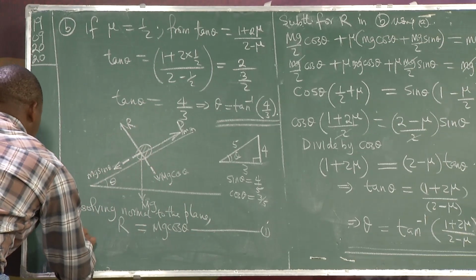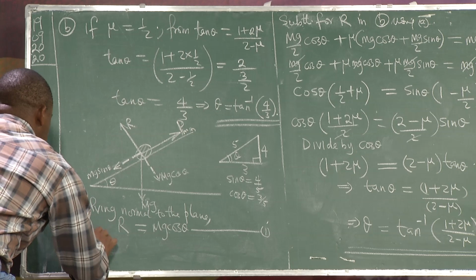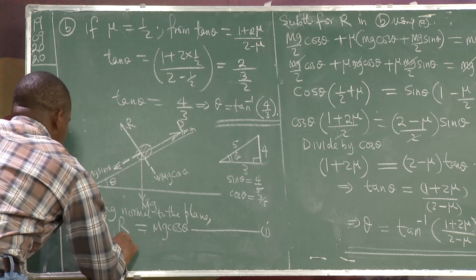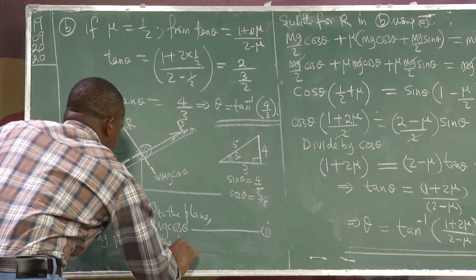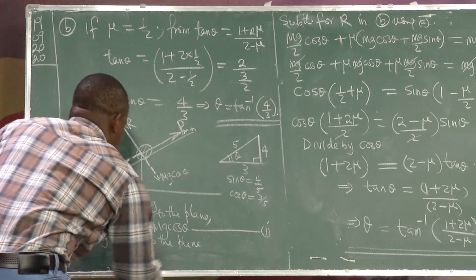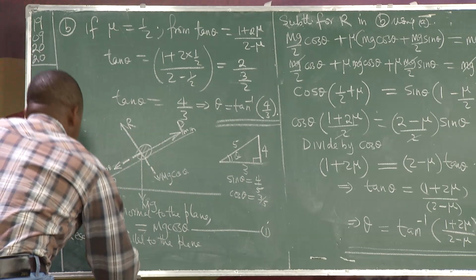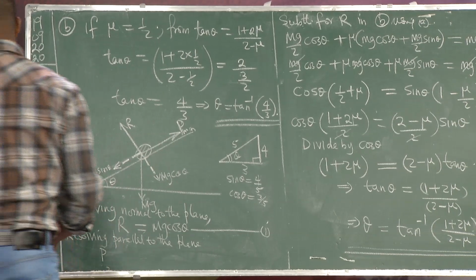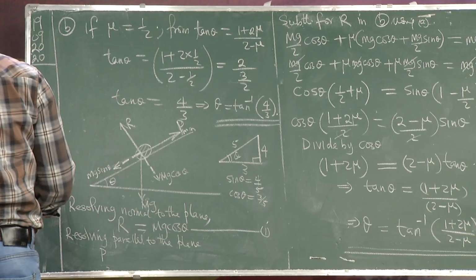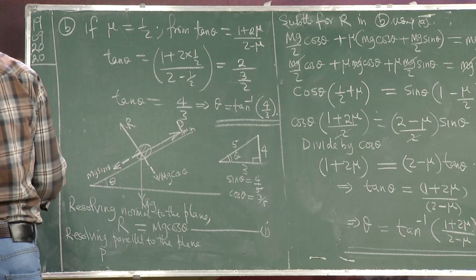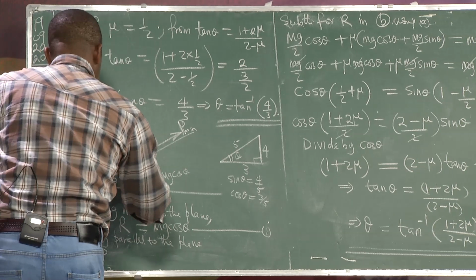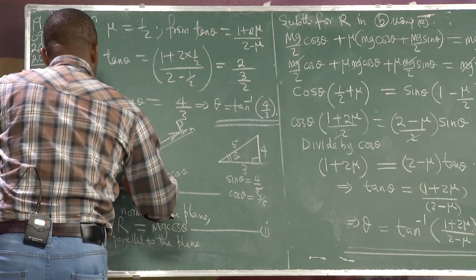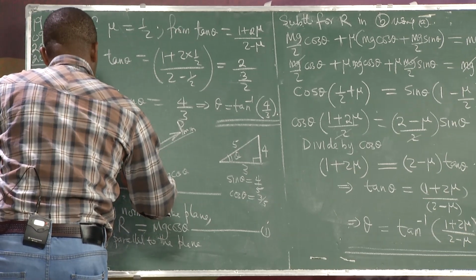And resolving along the plane, or parallel to the plane, can also still give us the minimum force P. Remember there is friction here, which I had forgotten. Since this minimum force is required to move it up, the friction force will act down.